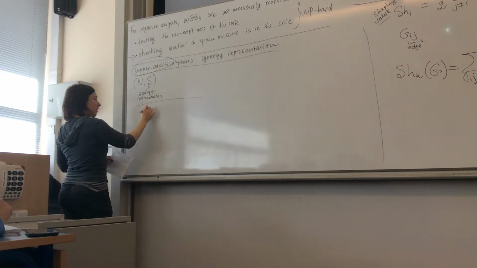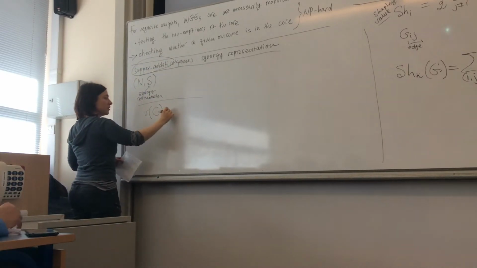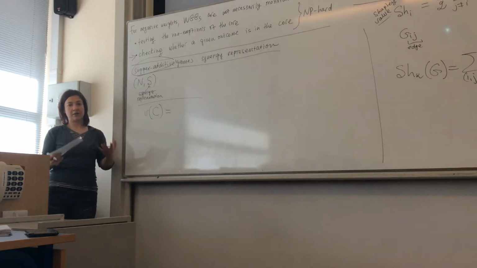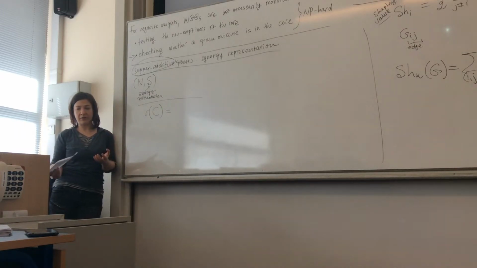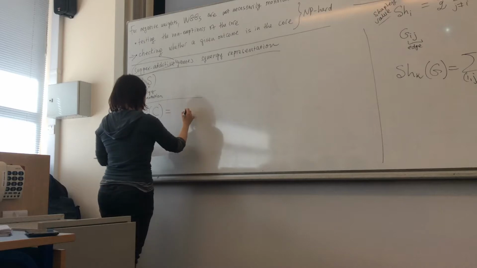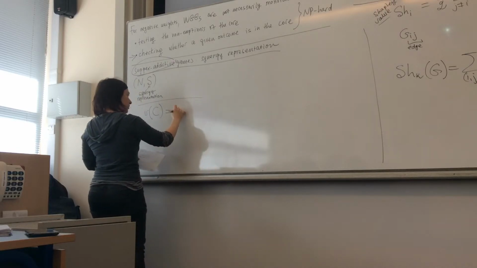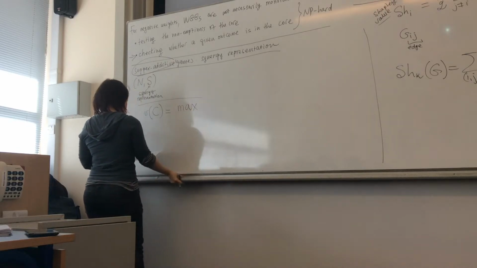So the value of some coalition C, I look at this coalition and I look at different partitions of that coalition into disjoint sets, and I find the maximal total value that such a partition gives me. Okay, so that's the maximum.